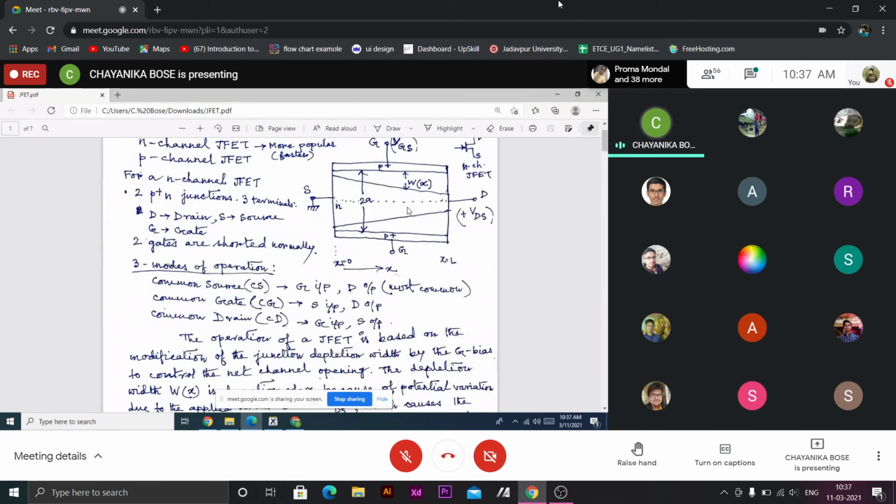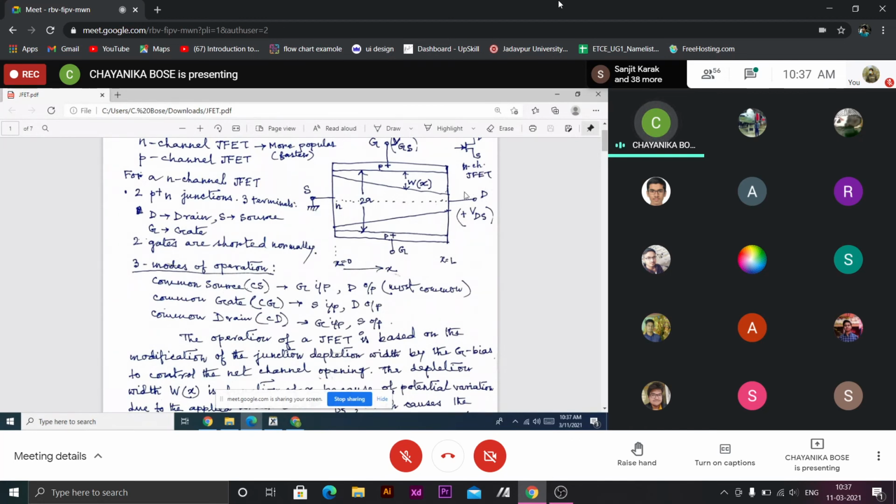Now, this is the neutral N region, the effective cross section of the channel that is available for current flow. So as this cross section is smaller than when there was no drop, the resistance of the channel increases with drain voltage.